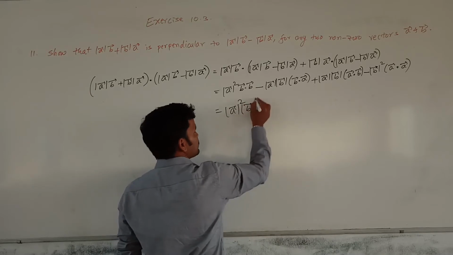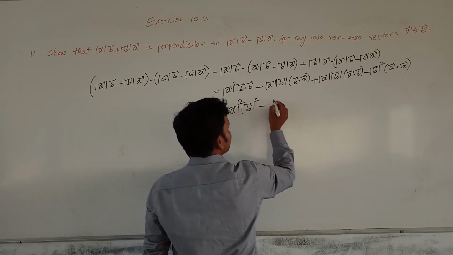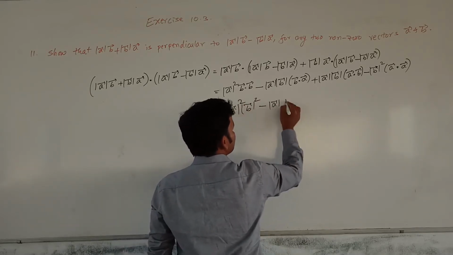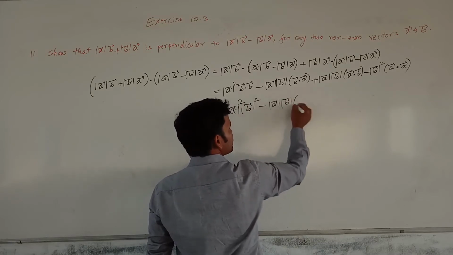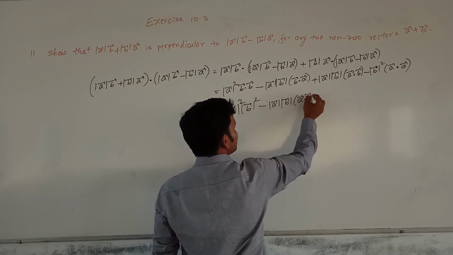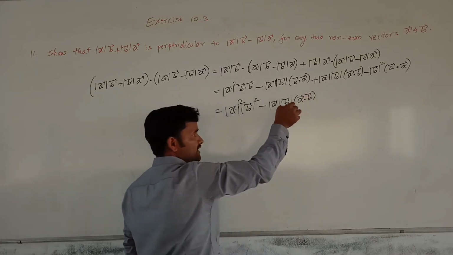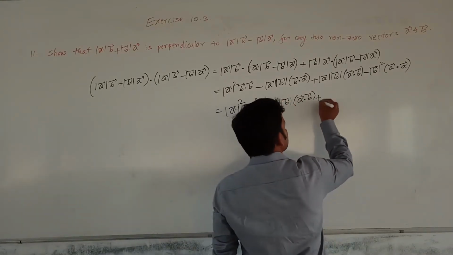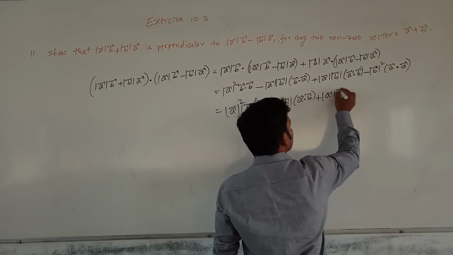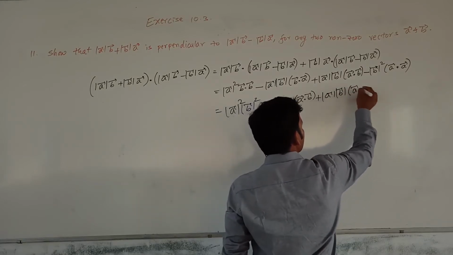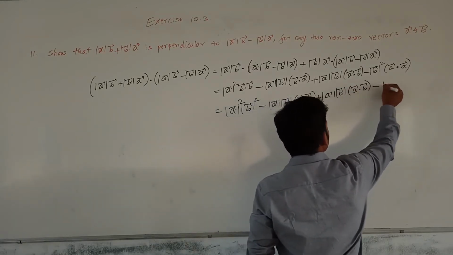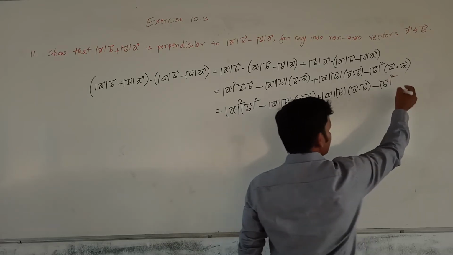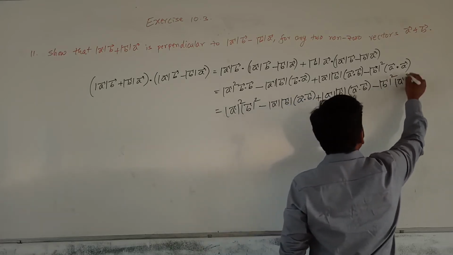This is magnitude of B square minus magnitude of A into magnitude of B into B dot A, which can be written as A dot B because dot product is commutative, plus magnitude of vector A into magnitude of vector B into A dot B, minus magnitude of B square, A dot A means magnitude of A square.